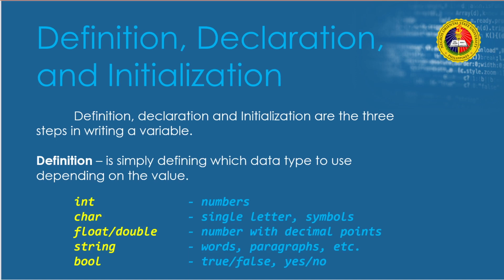What should be the proper data type? If it's age, int. Okay, int. So the first thing that we do when we write a variable is to define what data type to use, depending on the value that you're going to deal with. So that's definition.